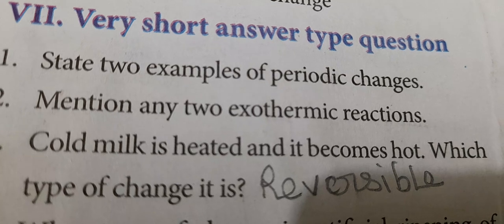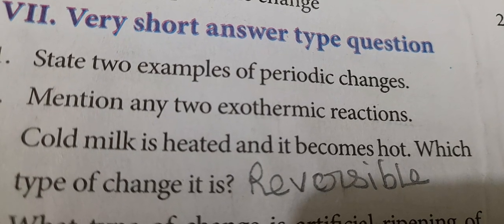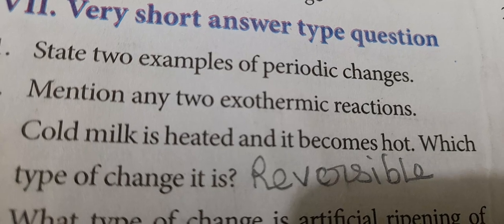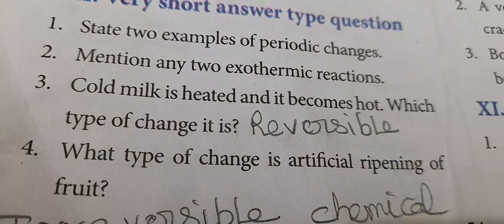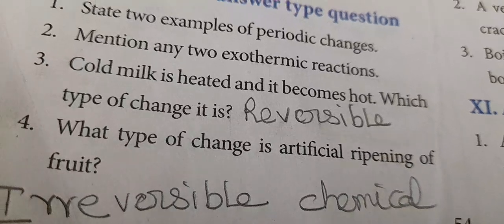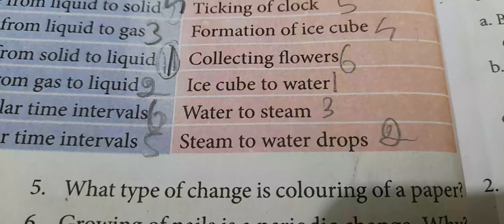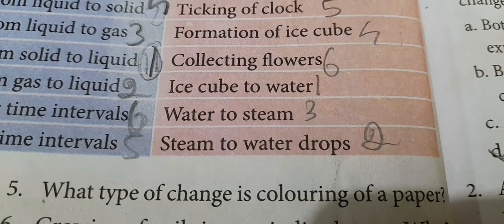Third question, cold milk is heated and it becomes hot. Which type of change is it? It is a reversible change. Fourth, what type of change is artificial ripening of fruit? Irreversible chemical change. Fifth, what type of change is coloring of paper? Physical change.